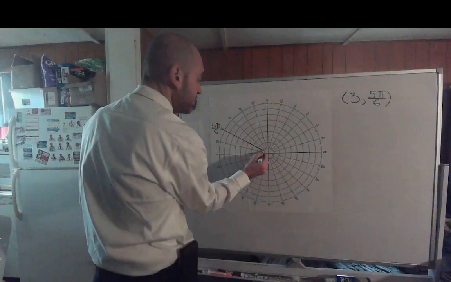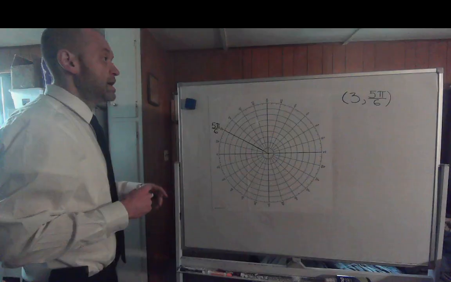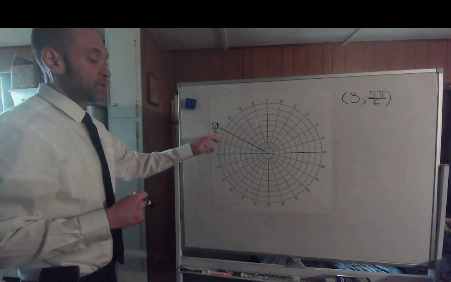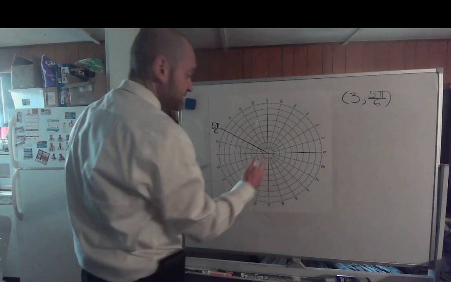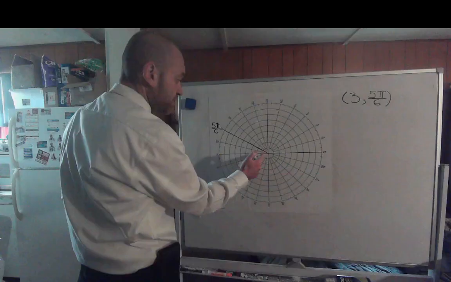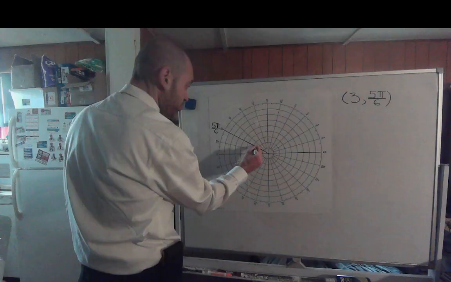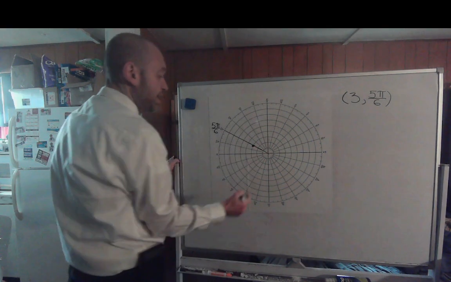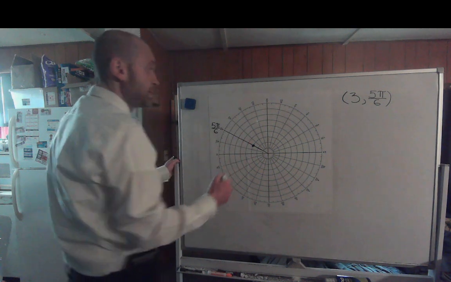That's where I'm plotting. Now, that tells me my angle. That's a good place to start. And my radius, I just need to count 3 units. So this is 1, 2, 3. So here is my point (3, 5 pi over 6) right there.